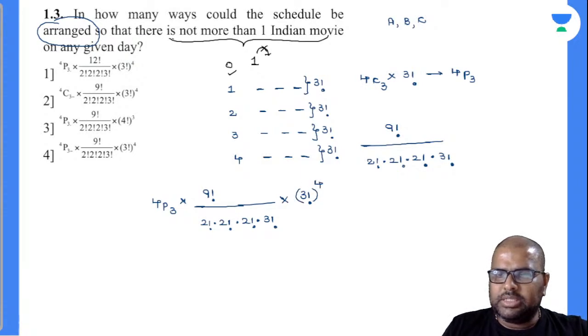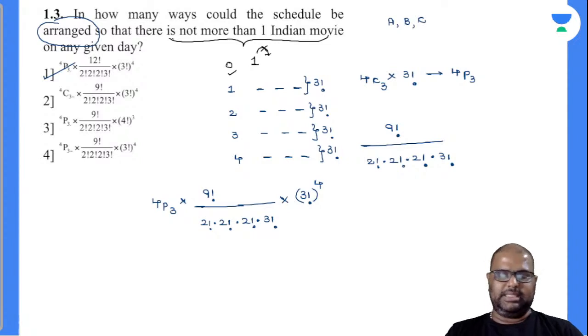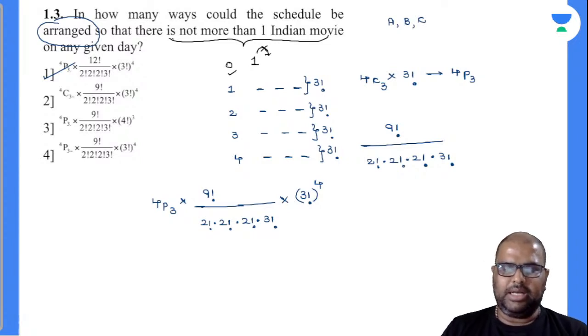Did you get the logic there? So which option satisfies here, beta? Now see here 4P3. Yes, your option number 1. Iman gave me the answer there. Excellent. First option is the answer. Excellent. Let's come to the next one.